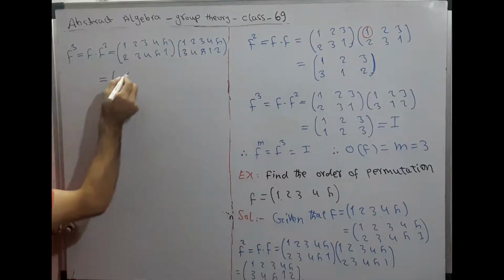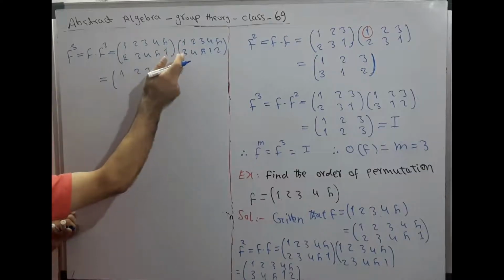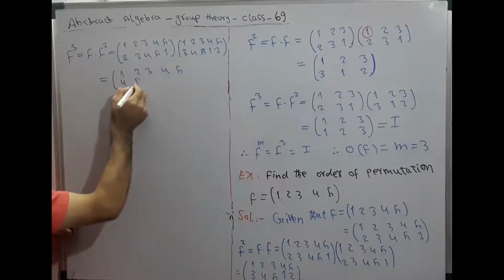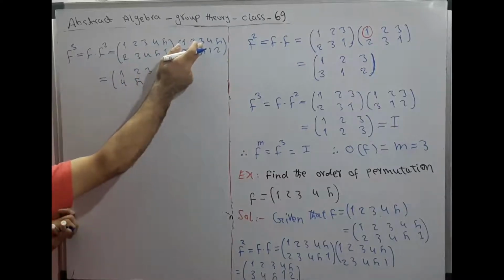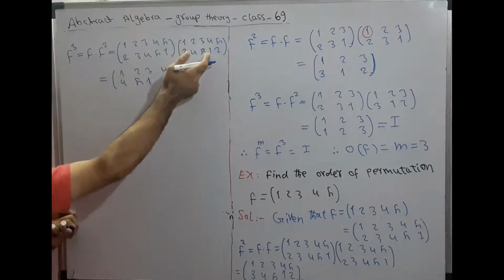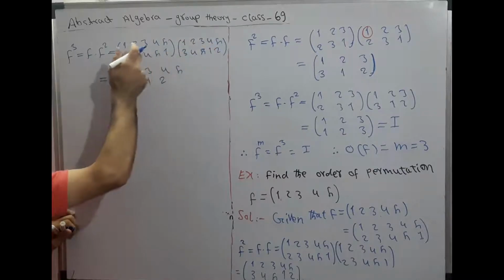It is equal to 1, 2, 3, 4, 5. Image of 1 is 3, image of 3 is 4, image of 2 is 4, image of 4 is 5, image of 3 is 5, image of 5 is 1, image of 4 is 1, image of 1 is 2, image of 5 is 2, image of 2 is 3.